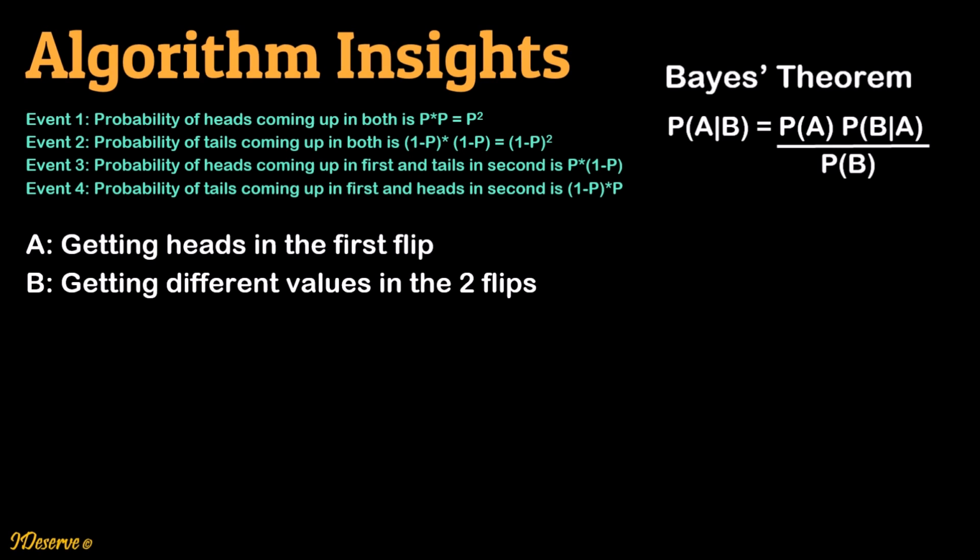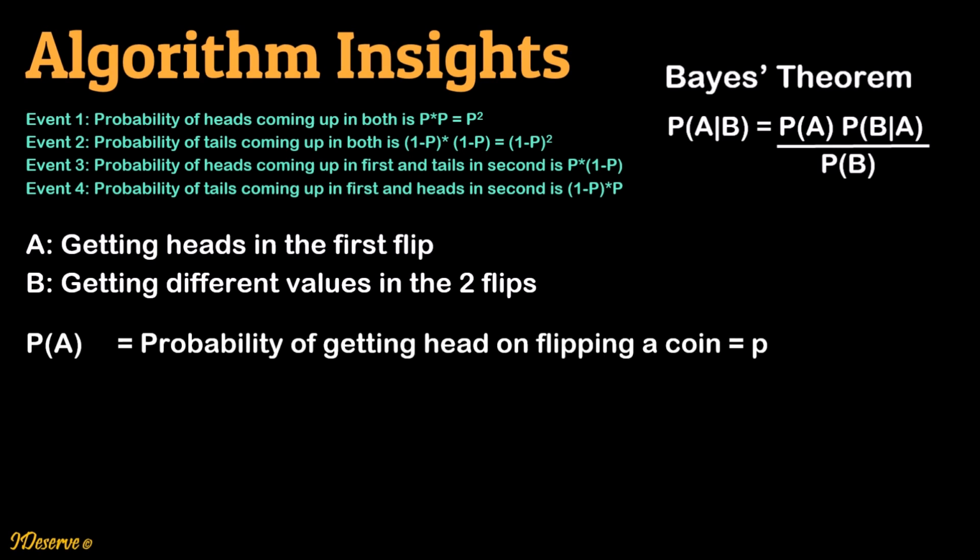Now let's calculate probability of event A first. So probability of getting heads in the first flip is same as probability of getting heads on flipping a coin. So it is P. Now let's calculate probability of event B, which is getting different values in the 2 flips.